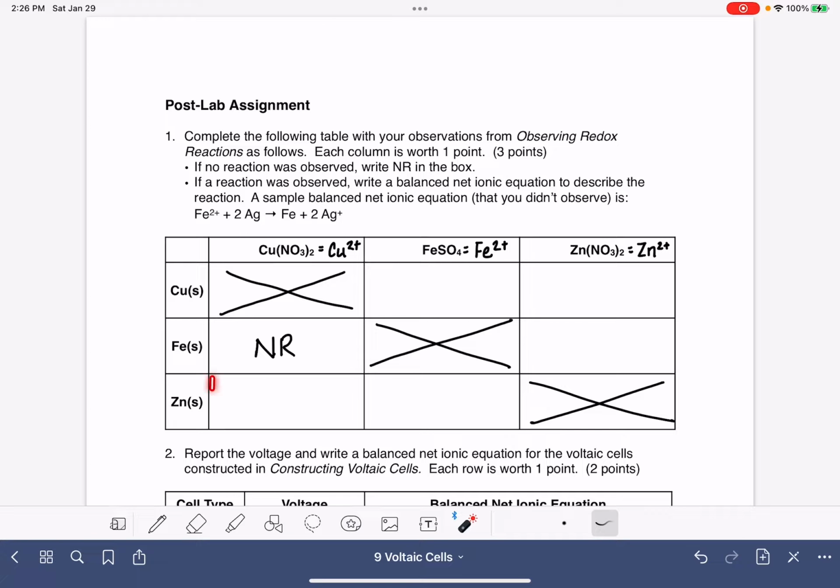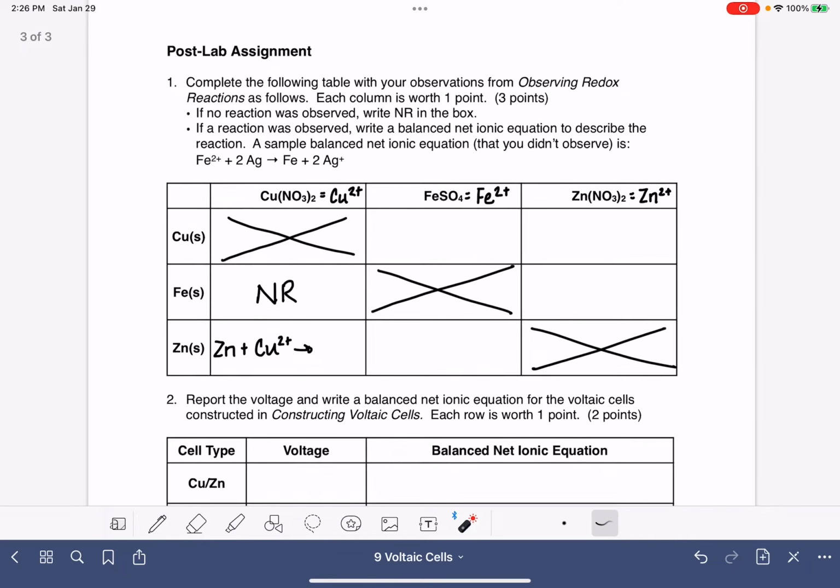So if you did observe a reaction between the zinc and the copper 2 plus, you would just simply write a reaction between solid zinc and copper 2 plus ions. Those are going to be aqueous. Actually, you can leave the states off so that it fits in the box. And then you would just need to predict the products of this reaction. I'll let you figure that part out yourself.